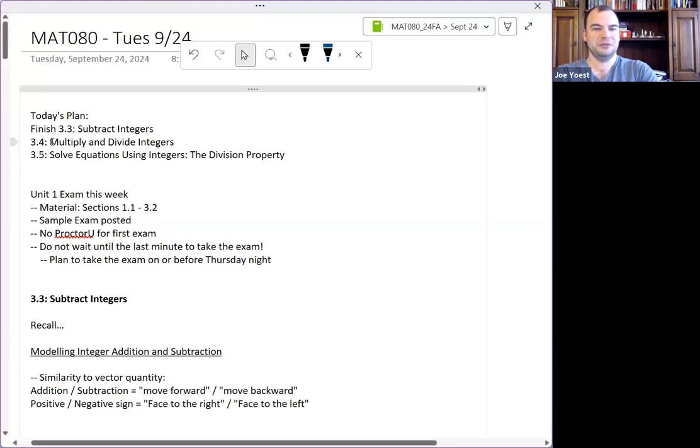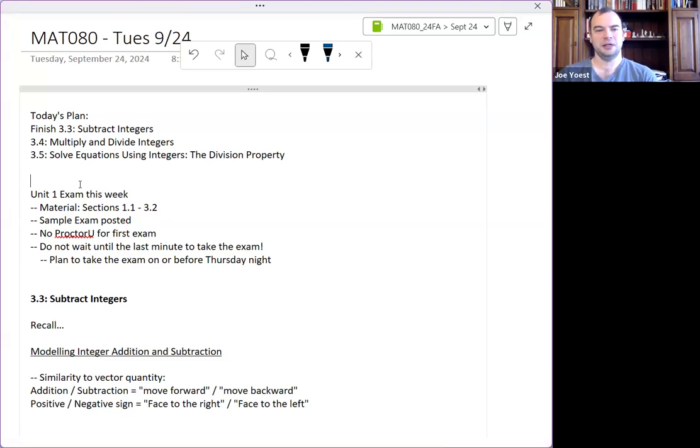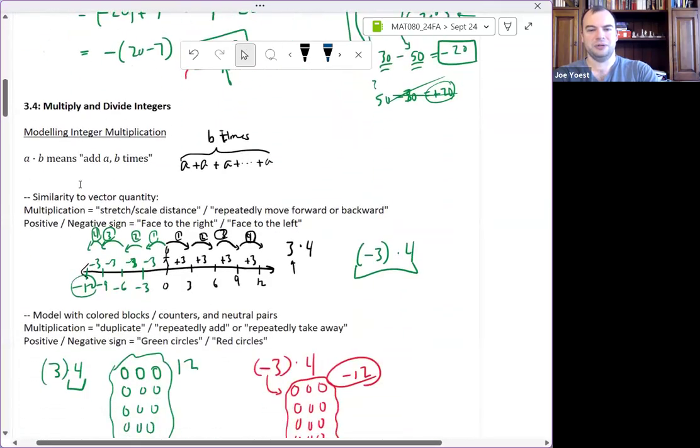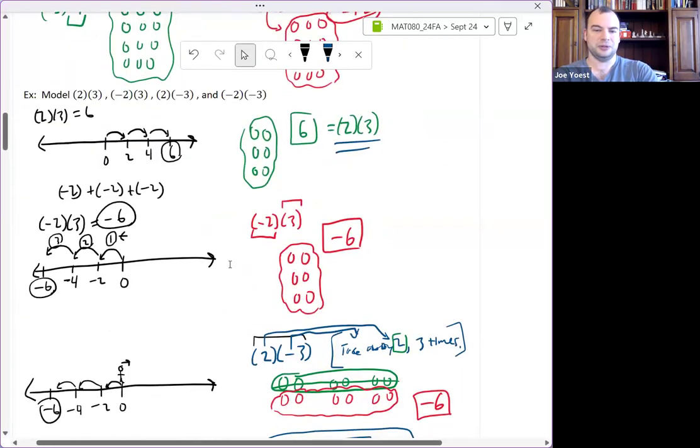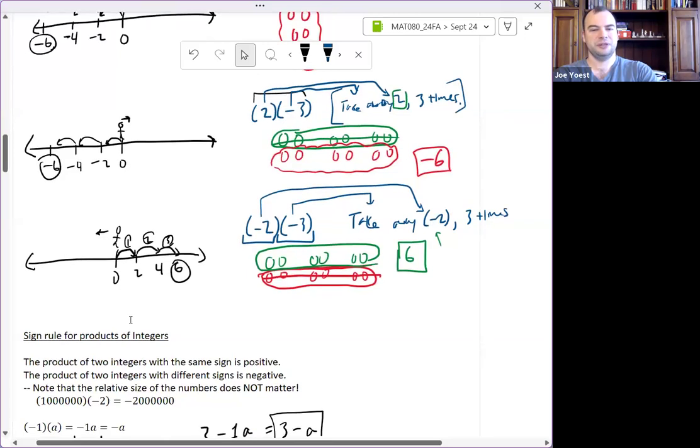Hopefully, one of the big conceptual difficulties folks have is, why is a negative times a negative a positive? They can say, okay, I can apply the rule. If you tell me negative times negative is positive, I can do it 10 times on a homework set. But why should that be true? And hopefully this model gave you a little bit of an answer as to why it should be true intuitively.